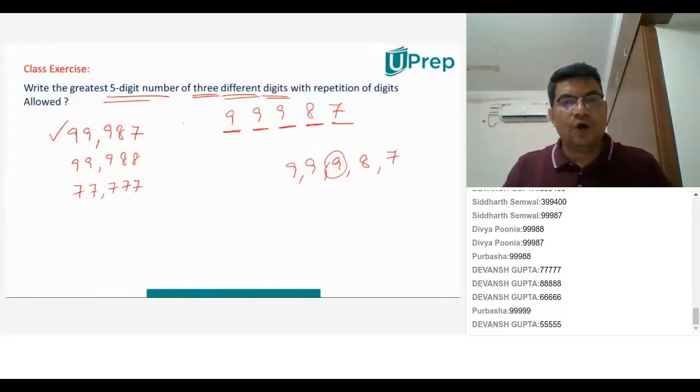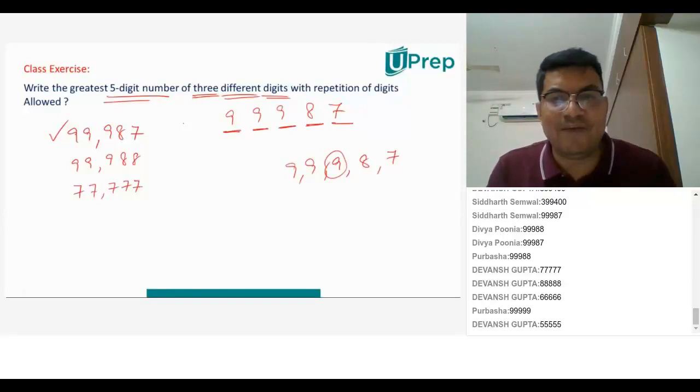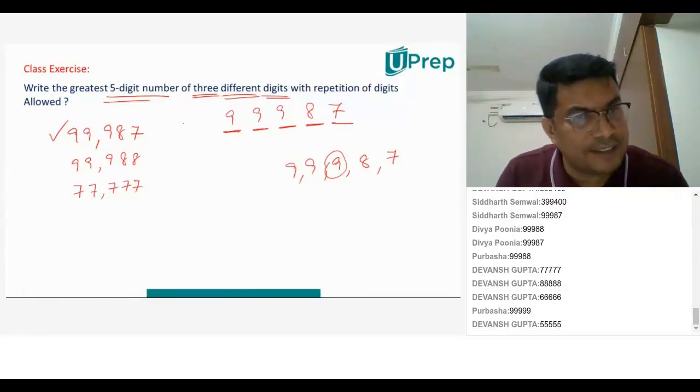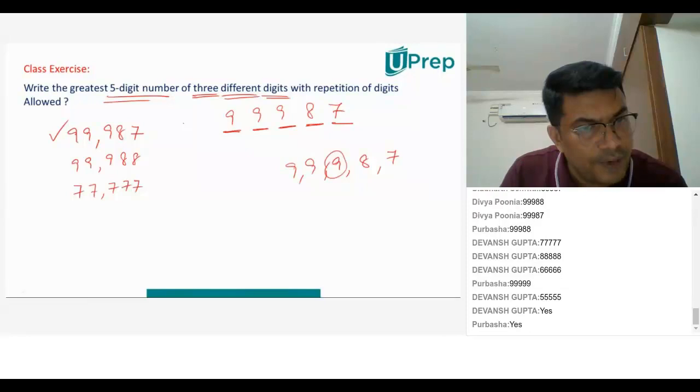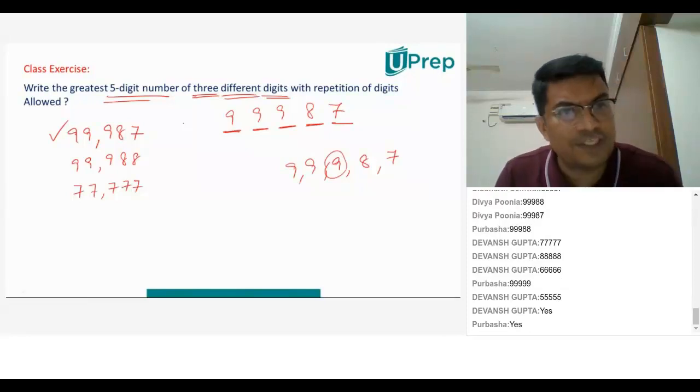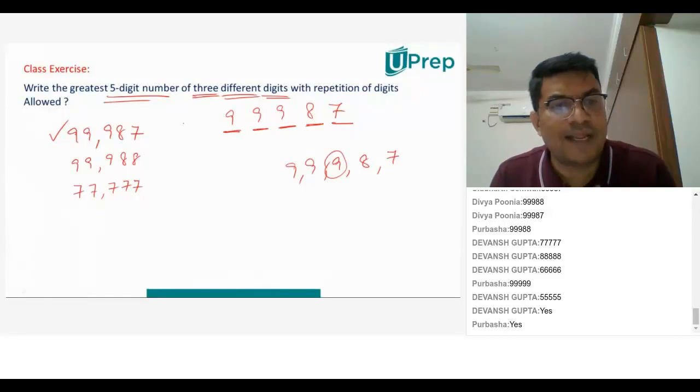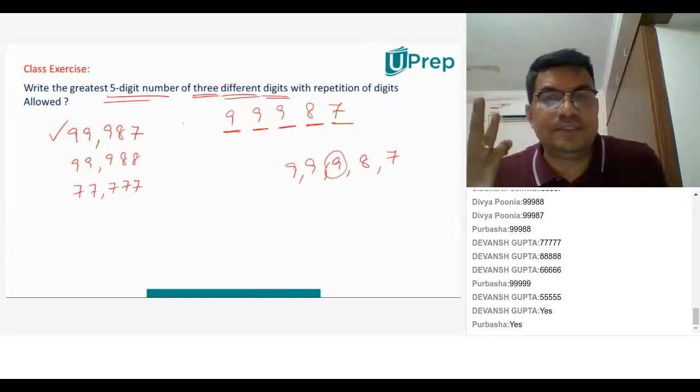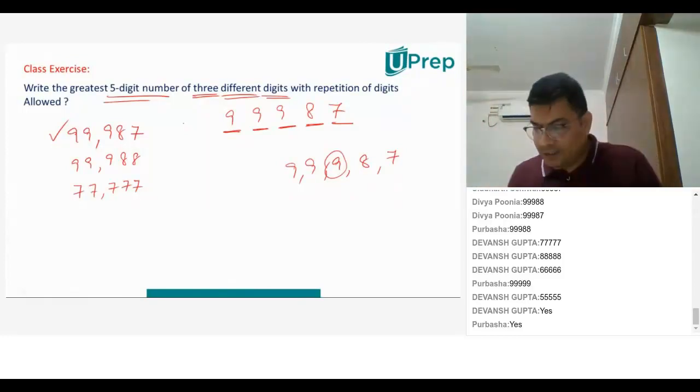Okay? So 99987. Did everyone get the logic of how to solve this? If yes, mention yes in the chat box. Divya, did you get it? Oh no, Divya already got it right. Who made a mistake? Parbasha, did you get it? Do you know where you went wrong? You took 3 nines and 2 eights.